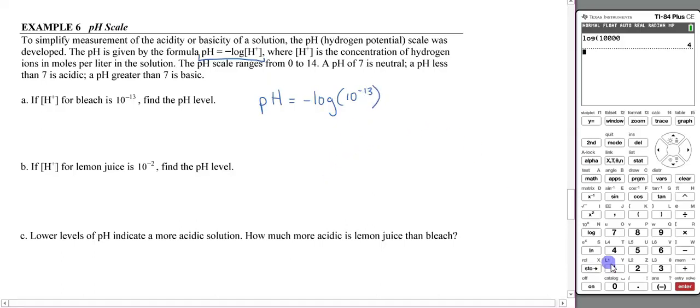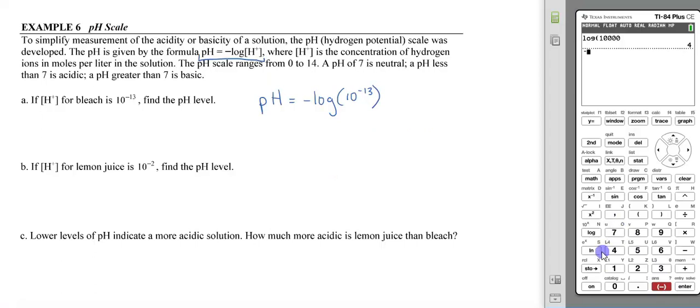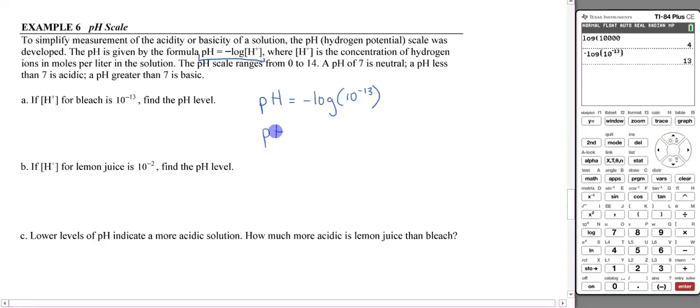We can use our calculator to calculate negative log of 10 exponent negative 13, and we get a 13. So the pH is going to be 13.